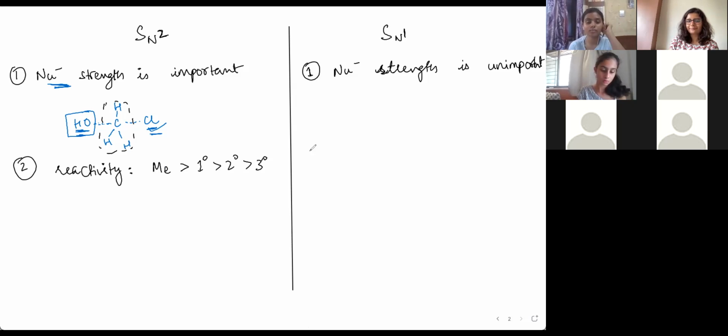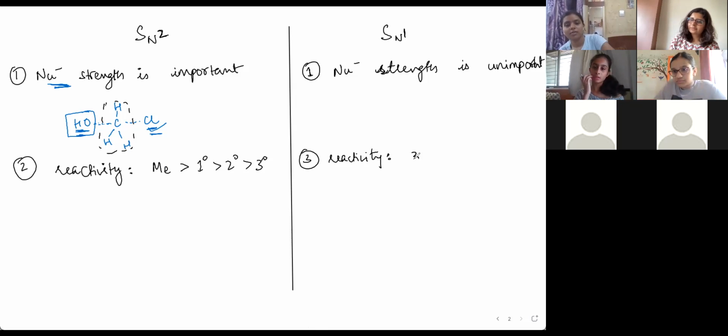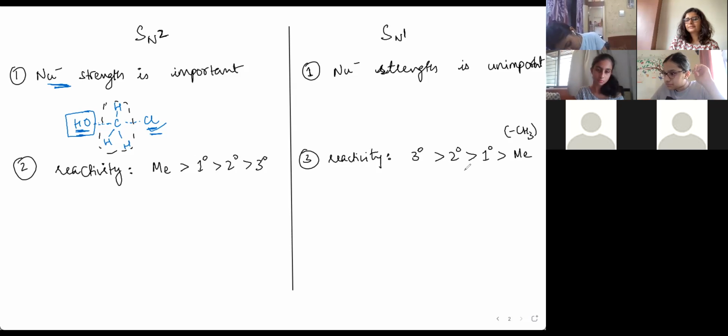That was the whole point. तो यहाँ पे reactivity क्या होगा? Tertiary, secondary, primary, and methyl. Me is methyl, huh? Methyl is basically CH3 in case. Okay.